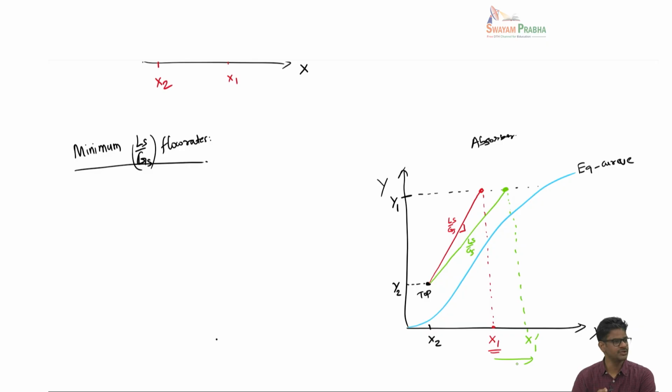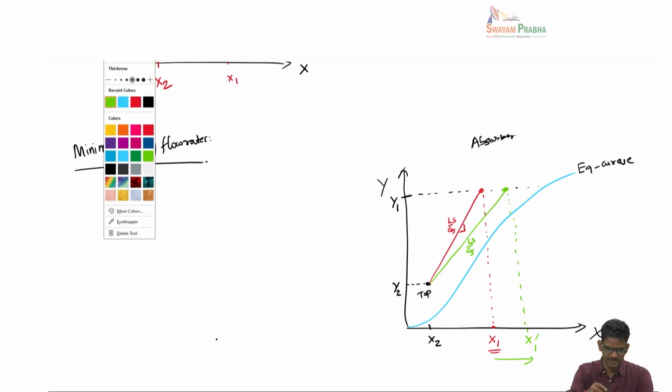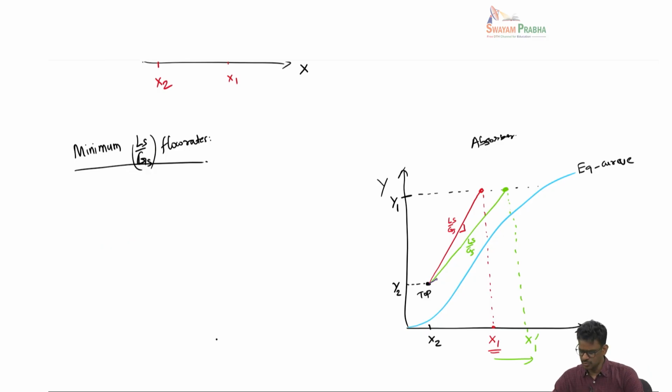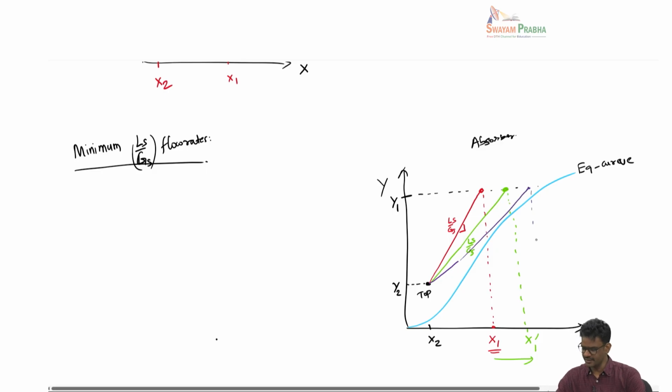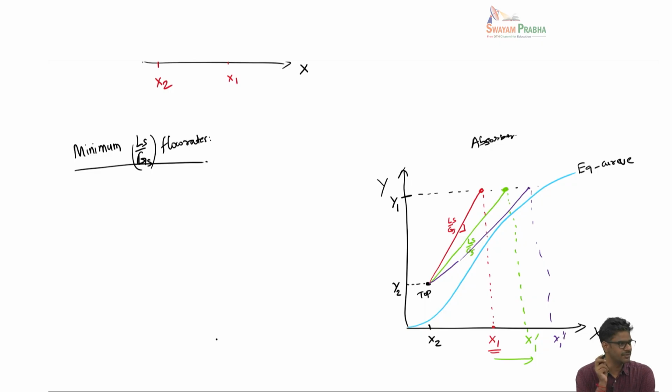So that should tempt us to decrease further and further, isn't it? Because if I take another curve with even smaller slope, meaning even smaller liquid flow rate, I can go to even higher liquid phase concentration. So the question is how much I can do this, how long I can do this.